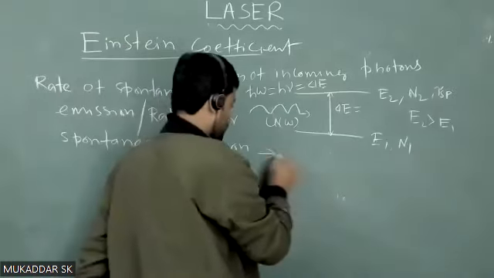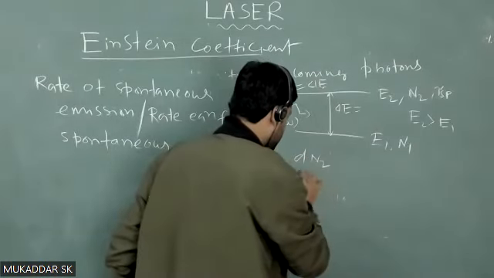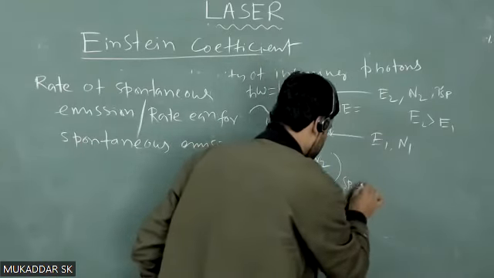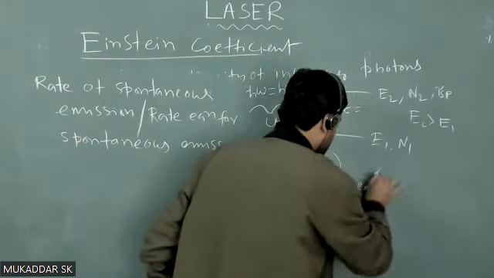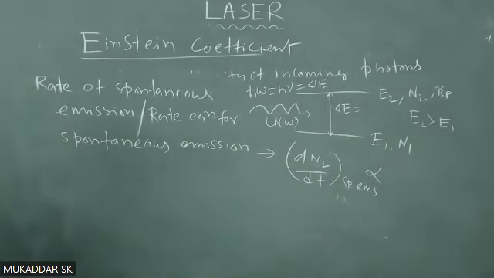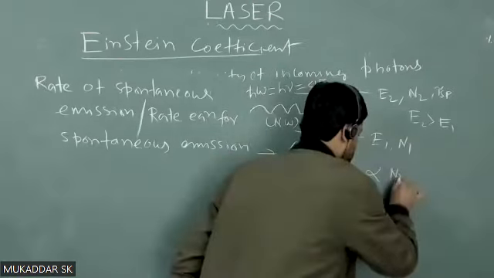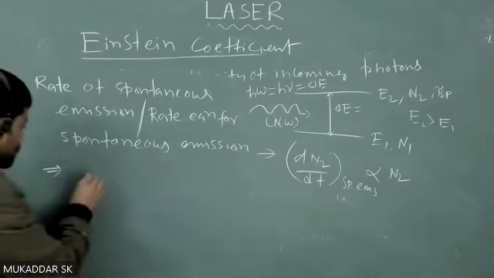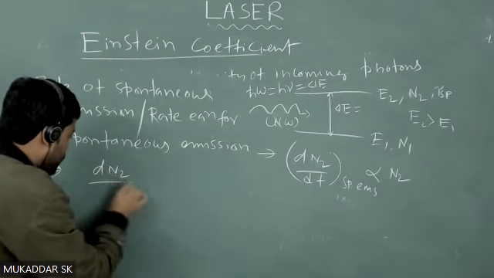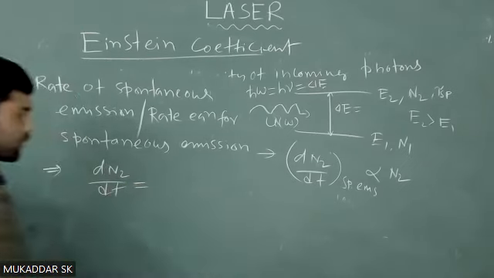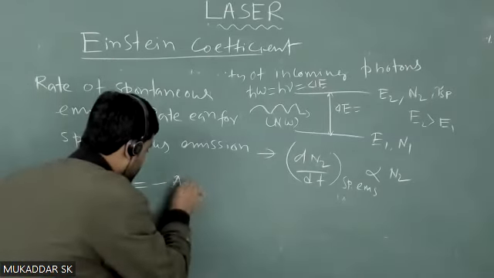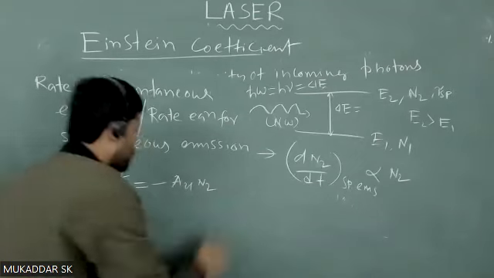So I can write this rate as dN2 by dt for spontaneous emission. That will be proportional to what? N2. Exactly, it should be N2. It means dN2 by dt, I can remove the proportionality constant and write A21 N2.